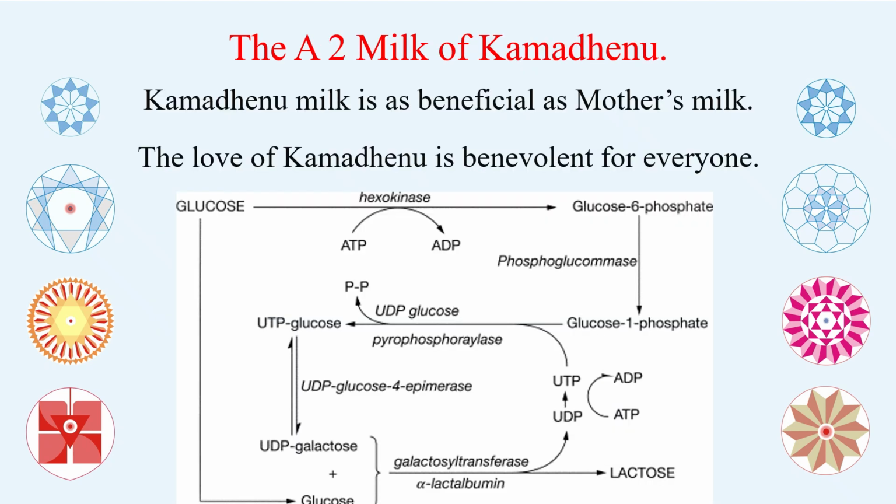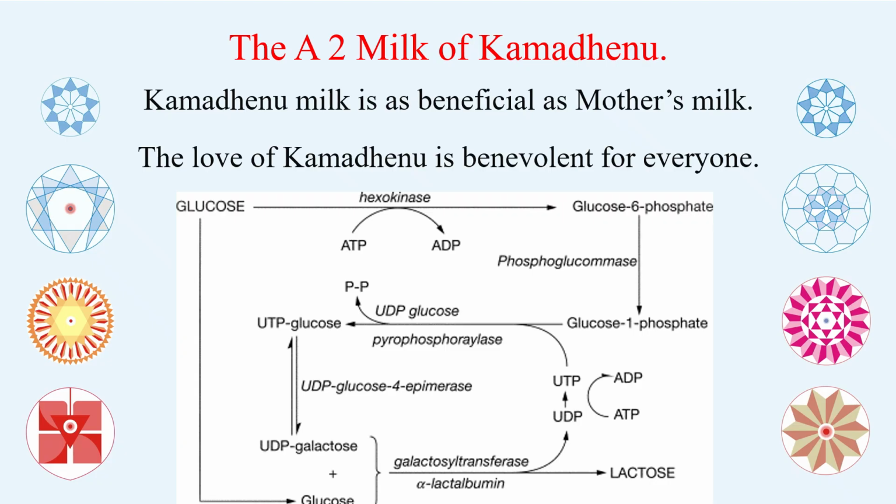Now, we talked of the methane, I talked of the urine, and I talked of cow dung, etc. That is one part, and the loving nature of Kamadhenu is also well known. Kamadhenu milk is as beneficial as mother's milk, is a statement which I am making, with A2 milk of Kamadhenu. Indian cows can give you A2 milk, not A1. The love of Kamadhenu is benevolent for everyone, and this particular picture of scientific origin shows how glucose is converted into lactose.